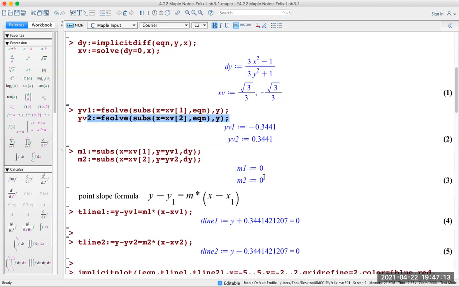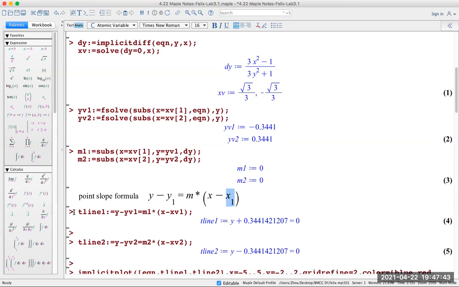Now we have both x and y values, we can substitute both values and the slope into the point slope formula, which we all know is y minus y1 equals m times x minus x1. So substitute all three values: y1, the m value, the slope, and also the x1 value.